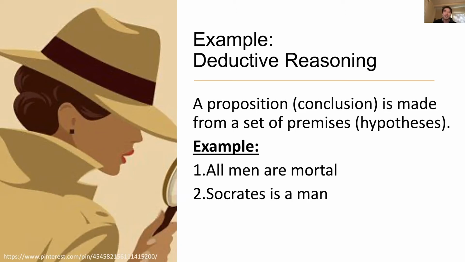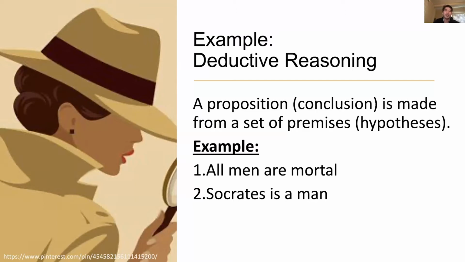So deductive reasoning is, well, let's read the definition. A proposition or conclusion is made from a set of premises or hypotheses. When we say hypothesis, it's a statement, or there are statements that we can determine whether it's true or not. So let's read an example. Number one, all men are mortal. So that means eventually everyone dies, right?